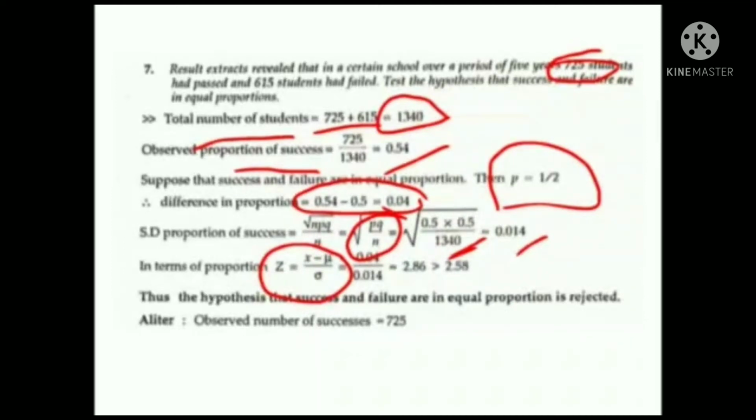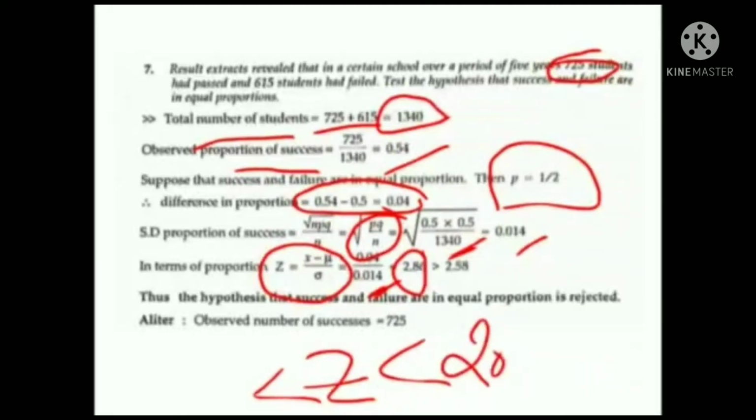Substituting the values of difference and the standard deviation in the test statistic z, we get z is equal to 2.86. But we just discussed in the theoretical part that z is supposed to be between negative 2.58 and positive 2.58. Look at this, guys.